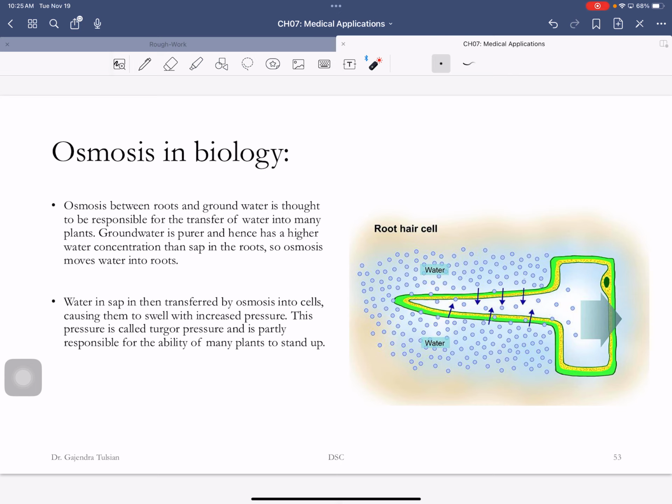There are some plants that grow in salt water. So the question becomes, how does water get from the salt water into the roots where the concentration of water is greater? There must be some sort of active transport there.